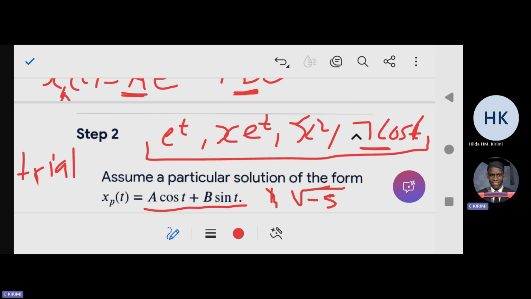These are the roots which give us this kind of particular solution, whereby we have A, just a constant, cos t plus B sin t. That's how you write this right-hand side before you solve for any values of A and B. You just write it in general.